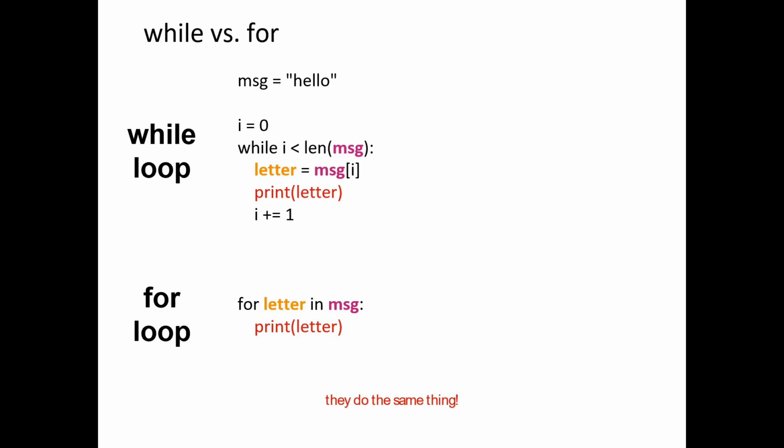Well, this is a third way to create a new variable. This letter here is going to be assigned the very first piece of data in the sequence message, or the first character, because this is a string. So we're creating a brand new variable. In fact, yes, this happens automatically. This letter equals message of I right here. Every time we go through this loop, it's creating a variable letter and assigning it the very first character in message.